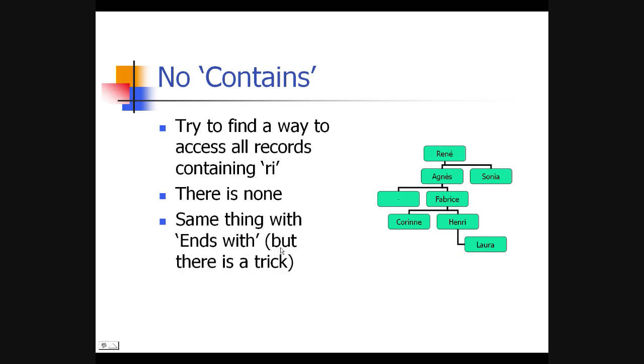You have the same problem with another condition like ends with. You have no way of finding that directly here. Of course, there is a trick for end with that is very easy. Each time you want to write a record and you want to be able to search on end with on something, you create a second field in which you store the same string starting with the end till the beginning. You just invert the string.